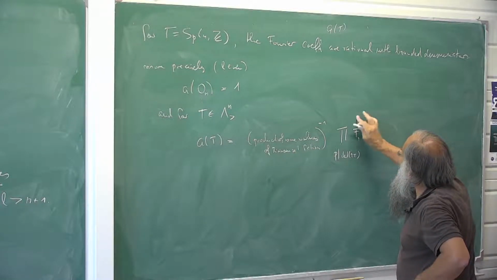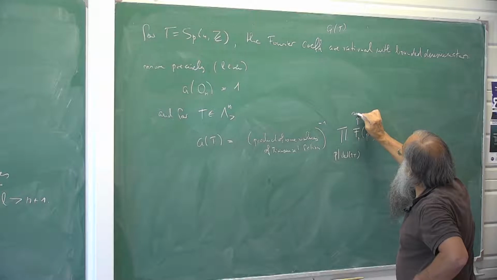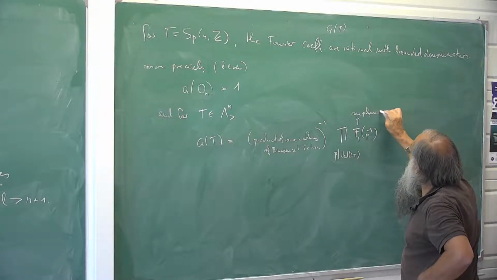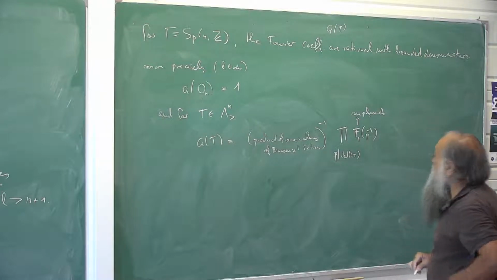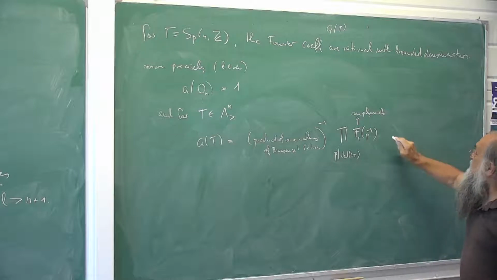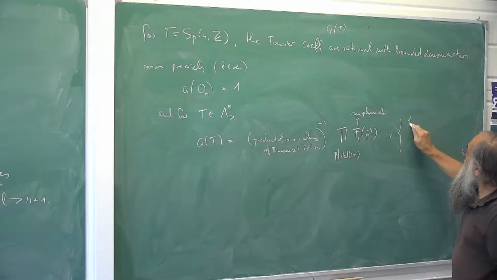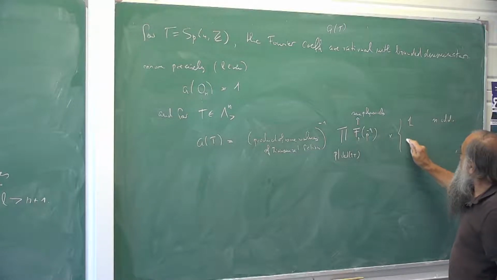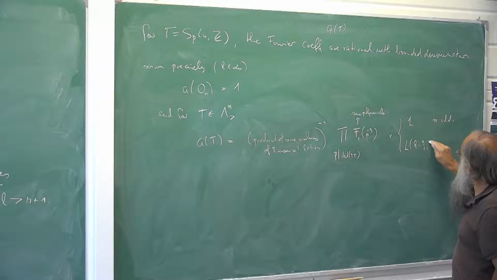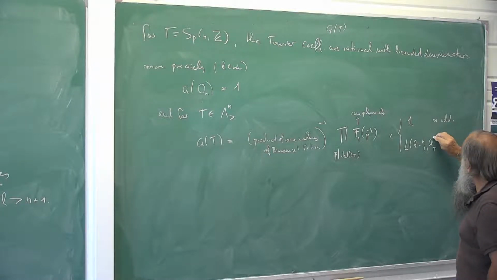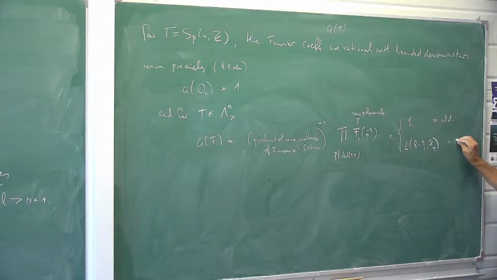These are some polynomials, so these are elementary expressions here. But then this term is 1 if n is odd, and it is L of k minus n over 2 with a quadratic character associated to t if n is even.